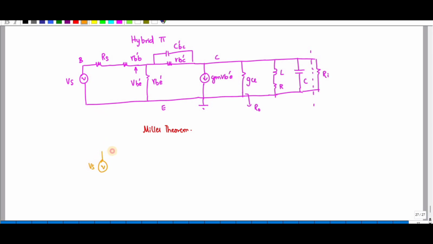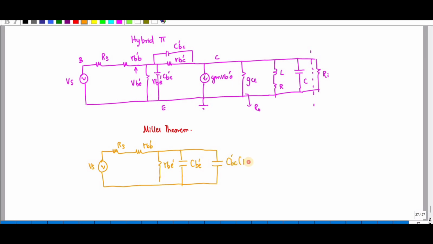So this is Vs followed by Rs, RBB, then RBE. Here you also have one capacitor, CBE, and this is CBC into 1 minus A.